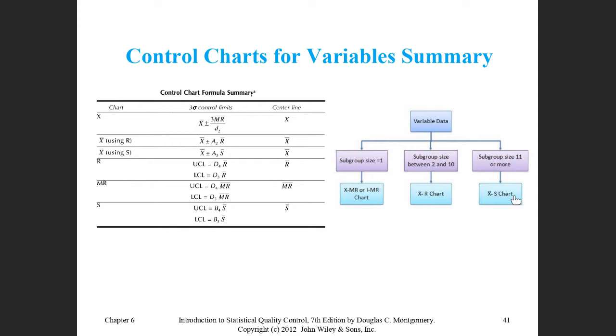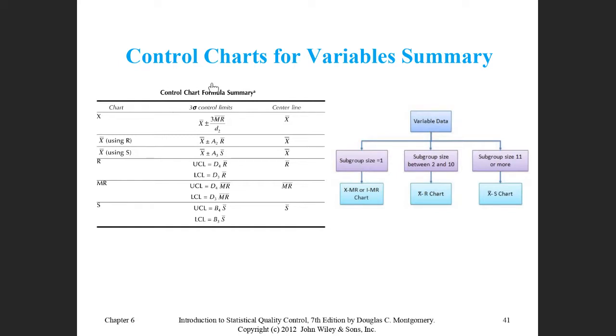The X bar S is used if you have a sample size greater than 10, that means 11 or more. If you have a sample size between 2 and 10, then you deal with the X bar R chart. If you have individual readings, then you use the IMR.